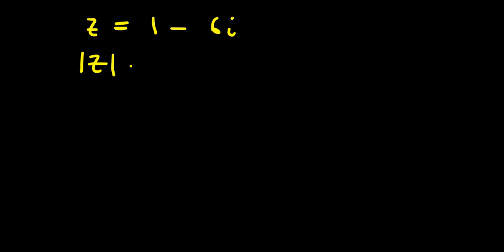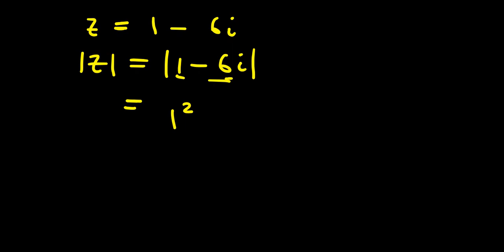By the property, this will be the square root of a squared plus b squared. This is our a and this is our b, including that negative sign.